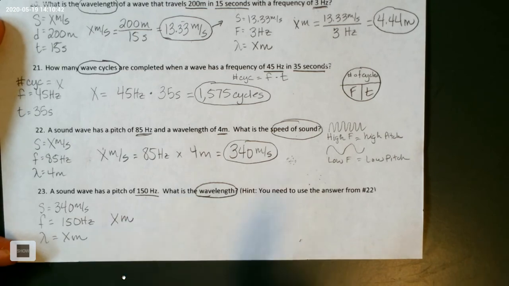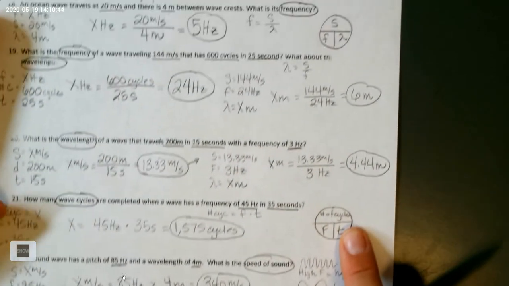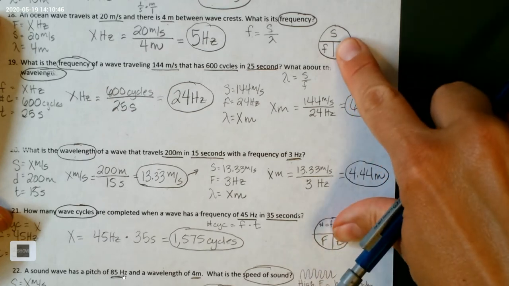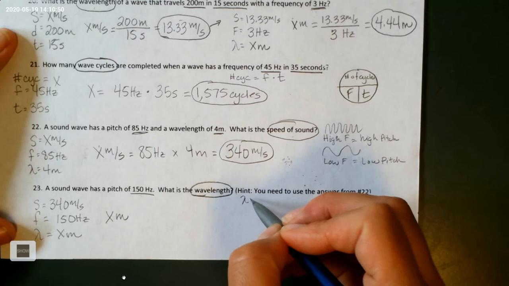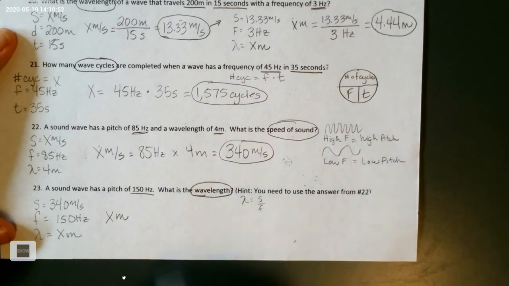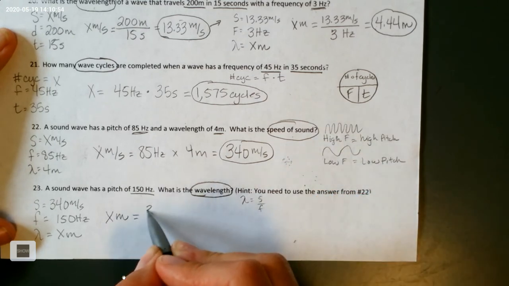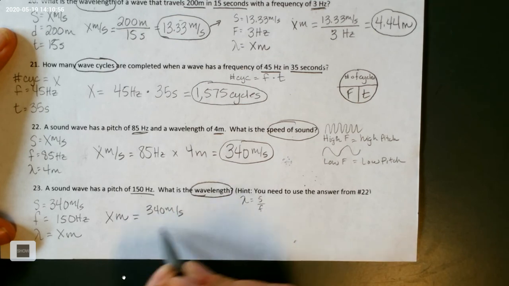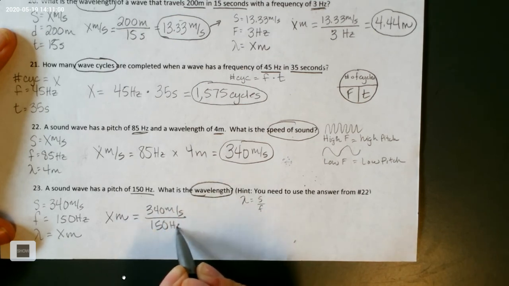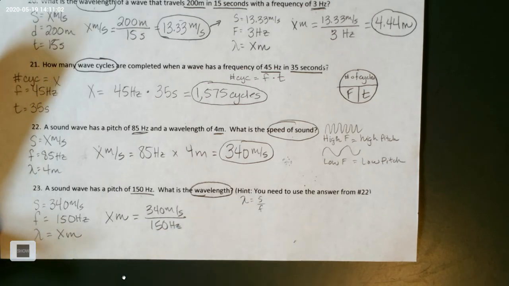So since we're looking at wavelength, I'm going to jump up here to this circle. We're going to cover it up and get speed divided by frequency. So remember, wavelength equals speed divided by frequency. So X meters equals 340 meters per second that we just found. I'm going to divide that by my frequency of 150 hertz. Some of you might already be able to tell that this number is going to be different.